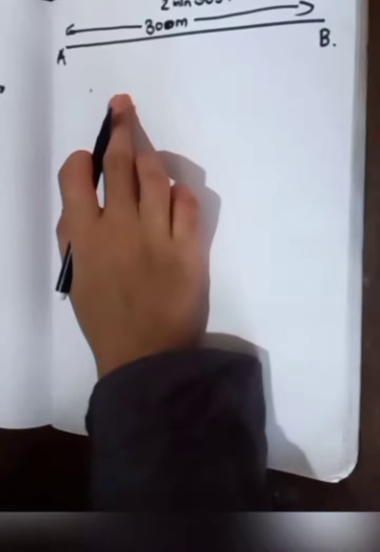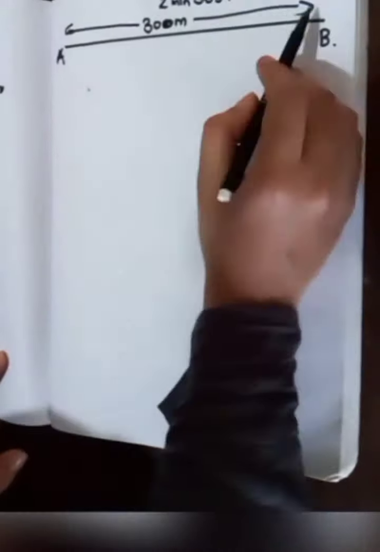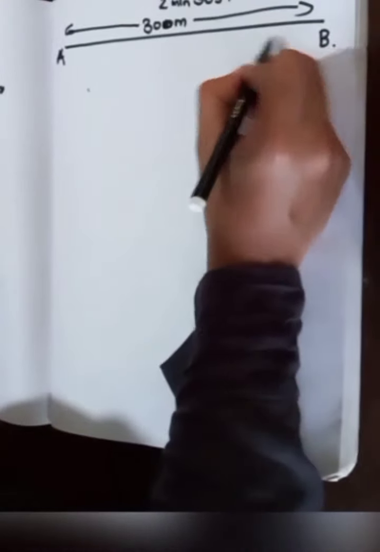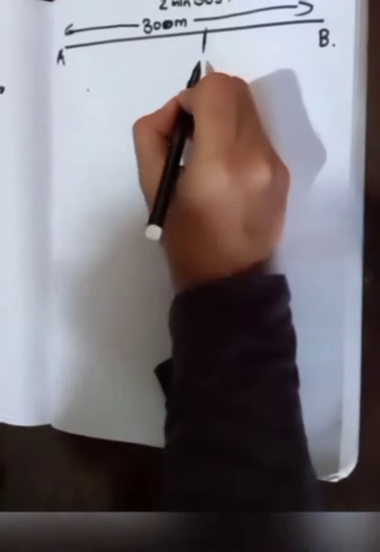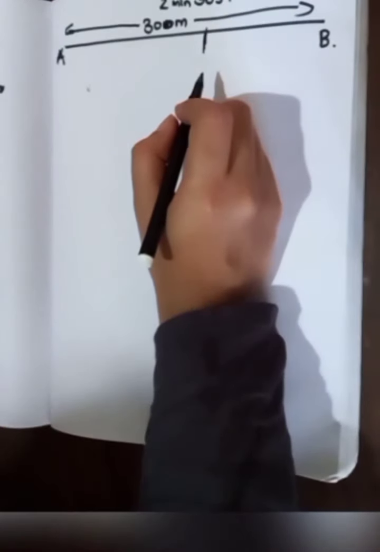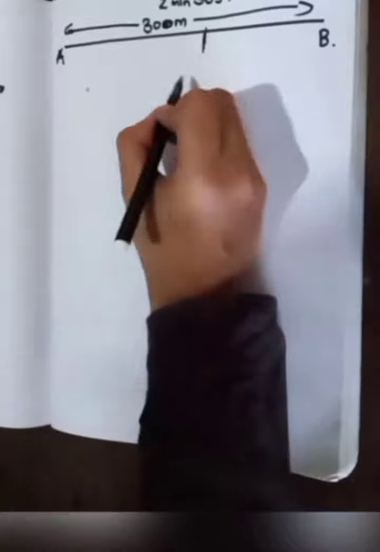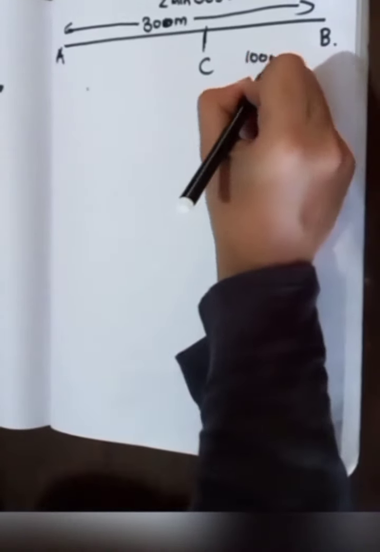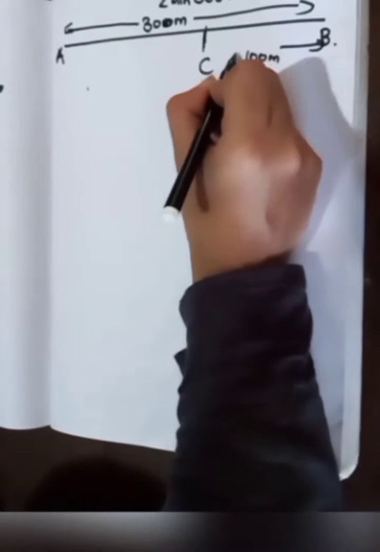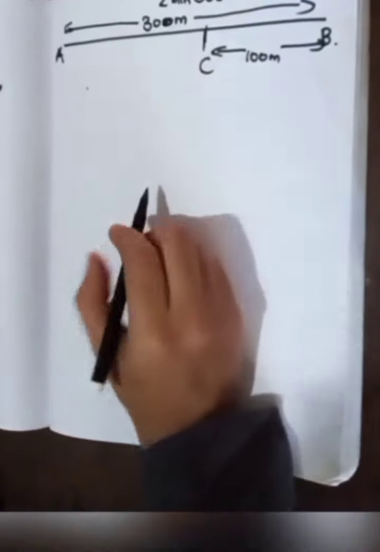He turns around, he returns back and jogs 100 meter back. This is the point C, 100 meter back to point C, and the distance between these is 100 meter.